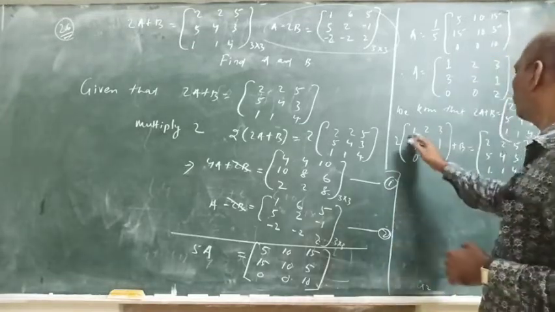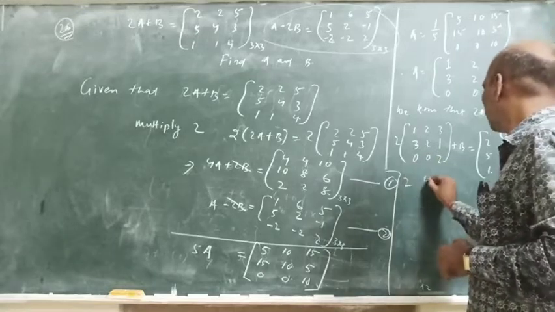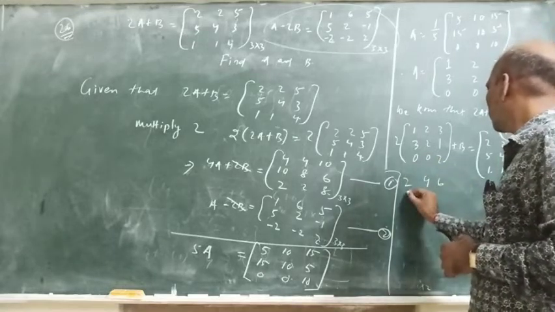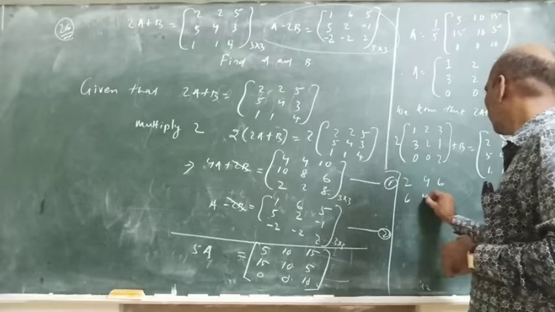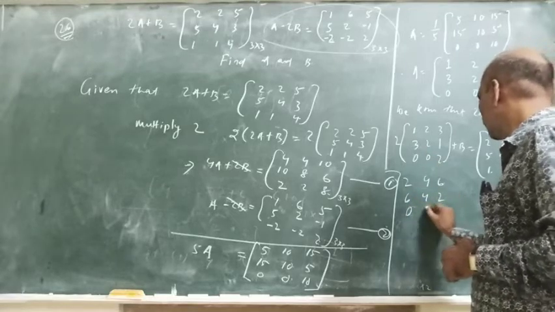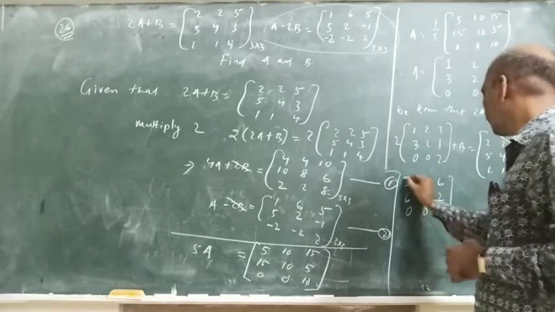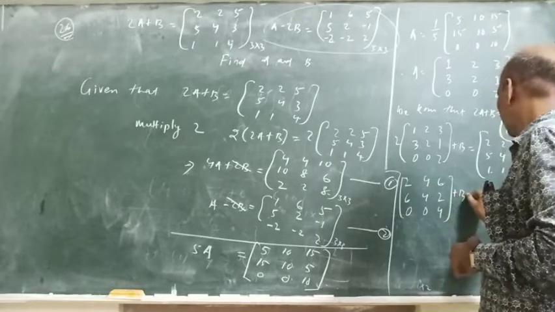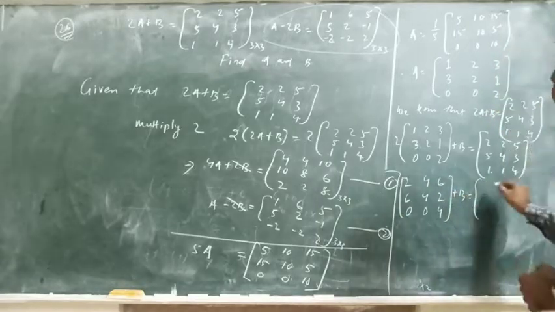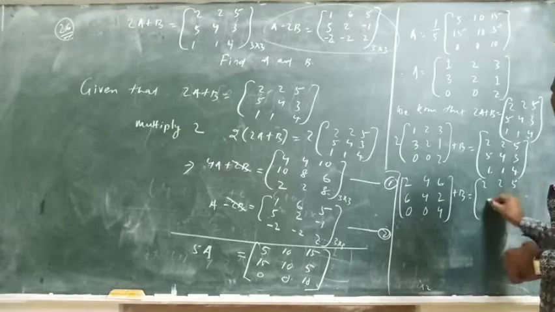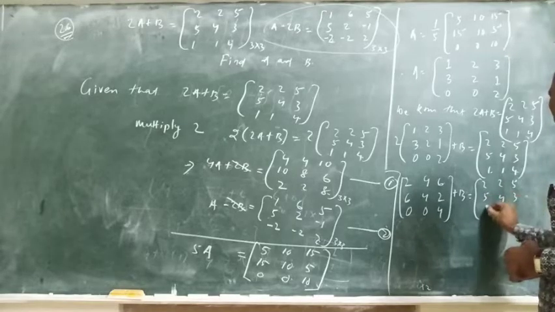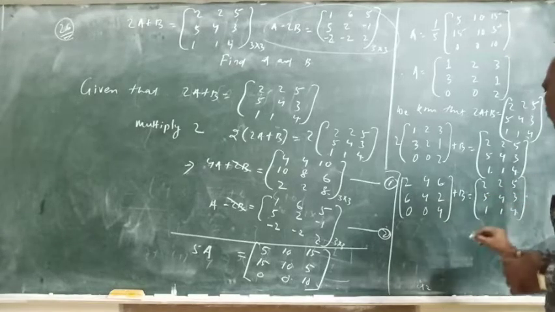Now multiply: 2 4 6, 6 4 2, 0 0 4, plus B is equal to this one 2 2 5, 5 4 3, 1 1 4.